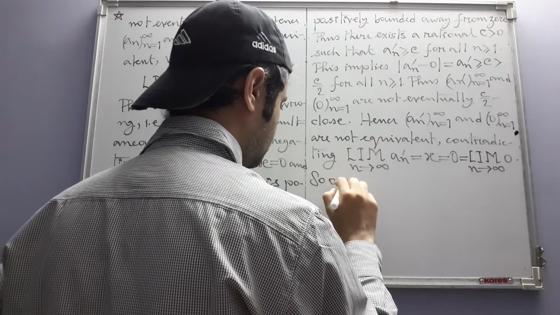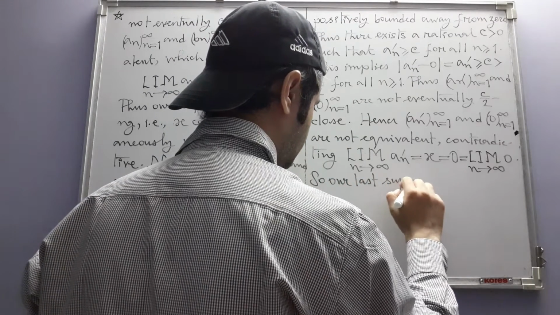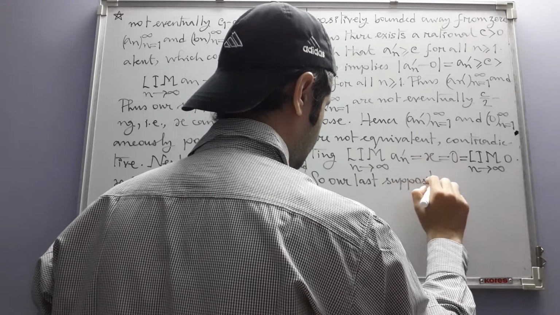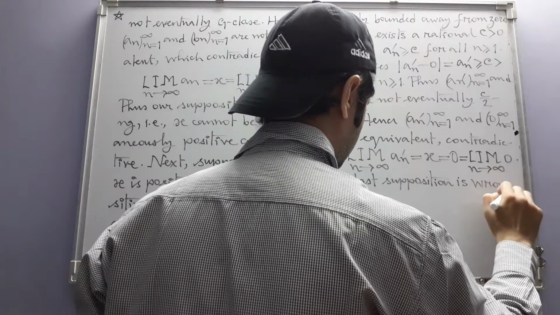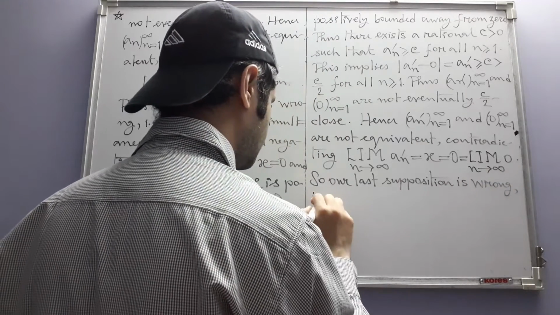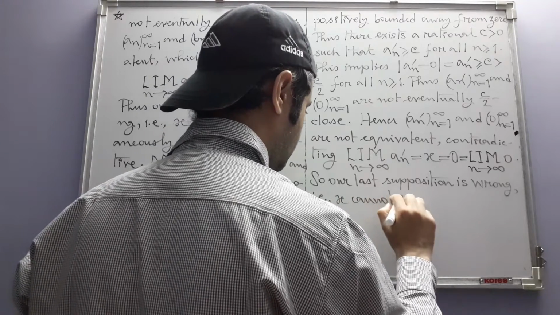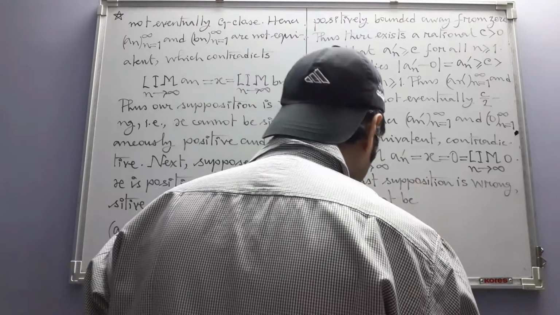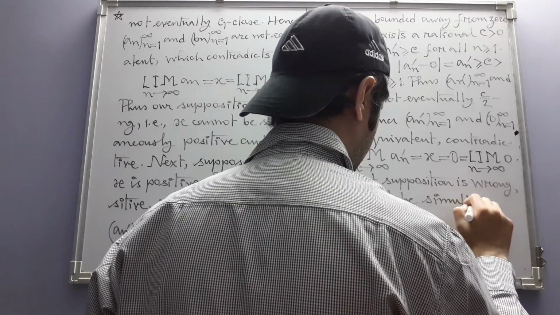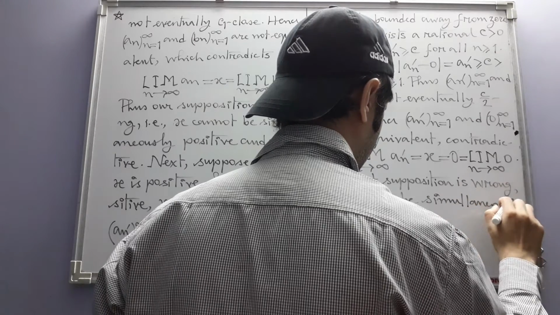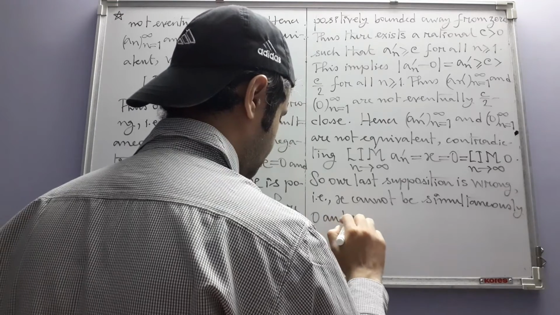So our last supposition is wrong, that is, x cannot be simultaneously 0 and positive.